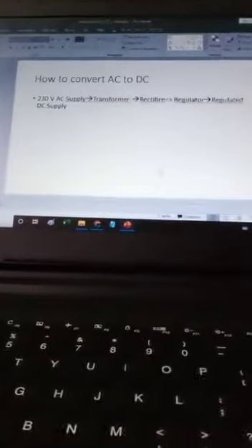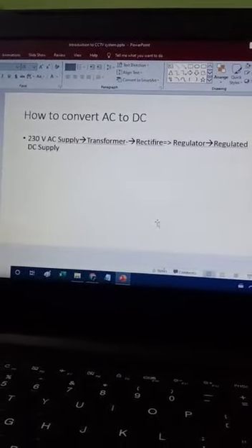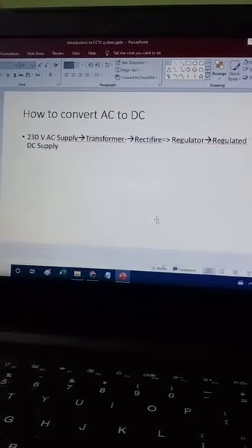Now we are going to discuss the procedure to convert the AC quantity to the DC quantity. As we all know, to handle electronic circuitry we want a DC power supply.